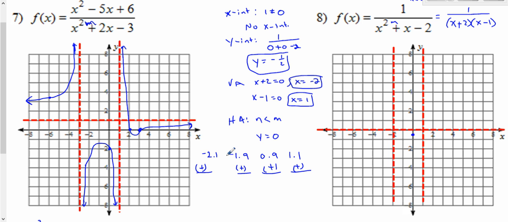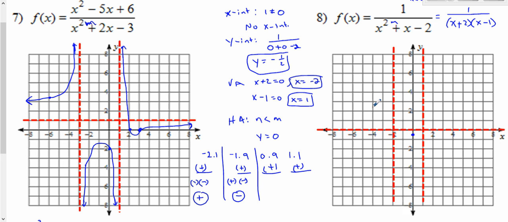Okay, now I just need to worry about the denominator. So negative 2.1 plus 2 is a negative. Negative 2.1 minus 1 is negative. Two negatives make a positive. Negative 1.9 plus 2 is a positive. Negative 1.9 minus 1 is a negative. I get one negative value, which results in a negative.